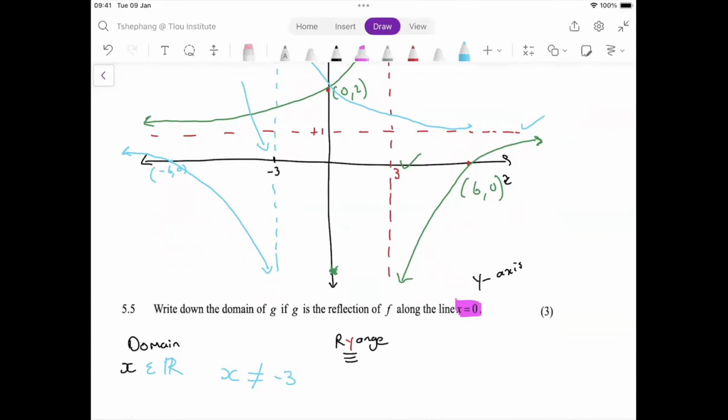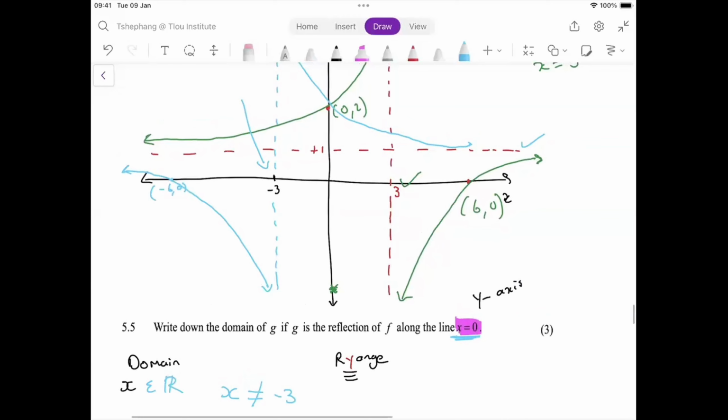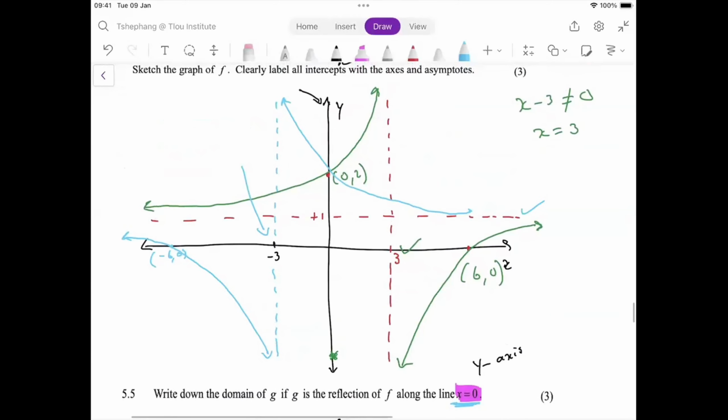Okay, somebody's asking, why didn't the +1 change to -1? That is a brilliant question. Remember, we addressed this. Only the x values are changing because we are reflecting along the y-axis. So the y value is not going to change.